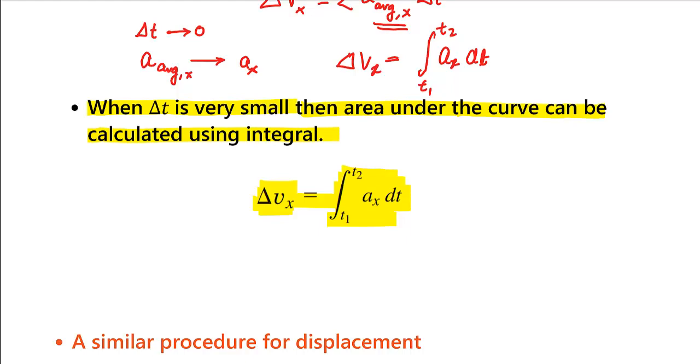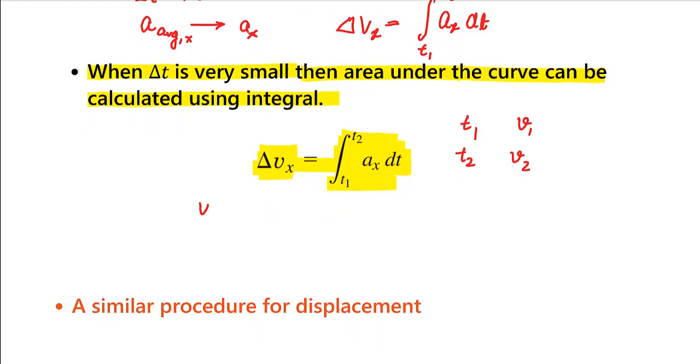So if velocity at time t1 is v1 and velocity at time t2 is v2, then the change in velocity I can simply write as v2 minus v1. So v2 minus v1 equals the integral from t1 to t2 of ax dt.